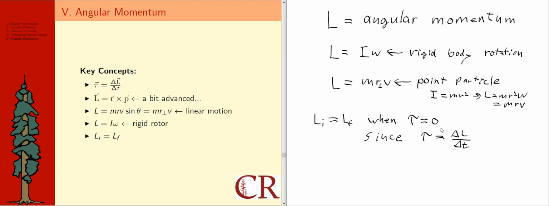If torque is equal to 0, and torque is equal to the change in angular momentum over a change in time, when torque is equal to 0, that change in angular momentum would have to be 0, which would tell you it has to be conserved, which can be expressed by saying that whatever initial amount of angular momentum a system has will be equal to the final amount of angular momentum that a system would have.